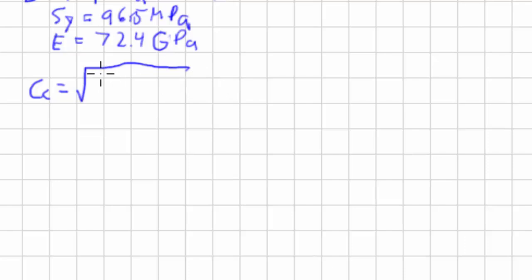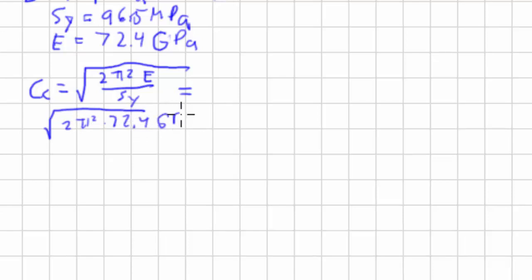So the column constant formula is the square root of 2 pi squared E over the yield strength. So we take the square root of 2 pi squared times 72.4 gigapascals all over 96.5 megapascals.